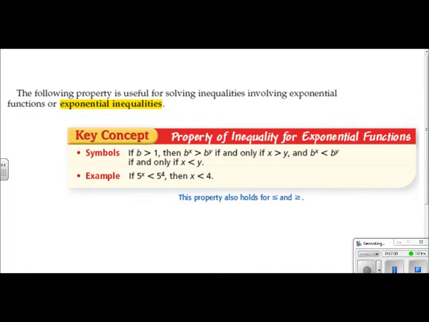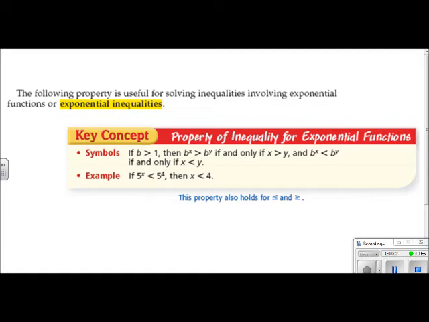Pretty nifty. So now we have some more properties here, if we're looking at exponential inequalities. So if b is greater than 1, then b to the power of x is greater than b to the power of y if x is greater than y. And b to the power of x is less than b to the power of y if x is less than y.